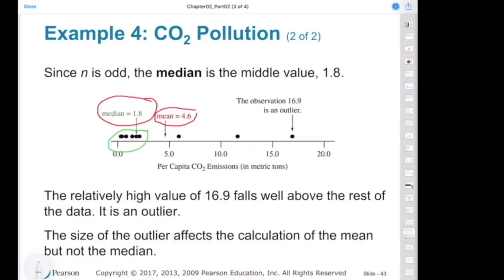The mean is outside these 6 points, as you can see here. So what does that mean? That means the mean here is not the correct center of our data. Why? Because it's affected by some outliers, as you can see here. Of course, we can consider 16.9 an outlier, and we will have a way to figure that out. We will learn that after a while, okay?